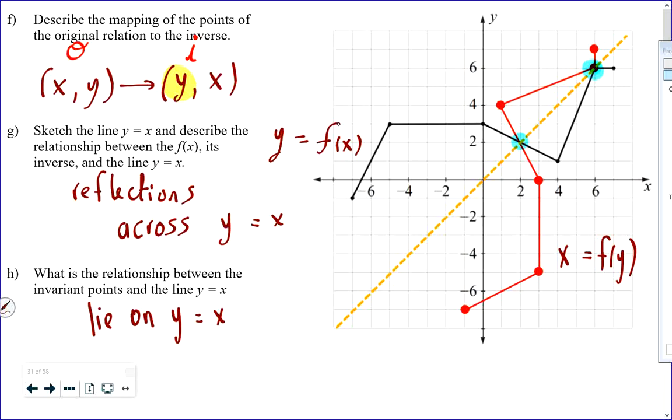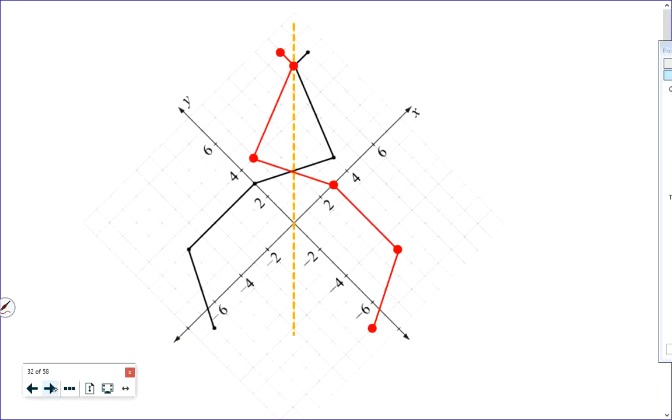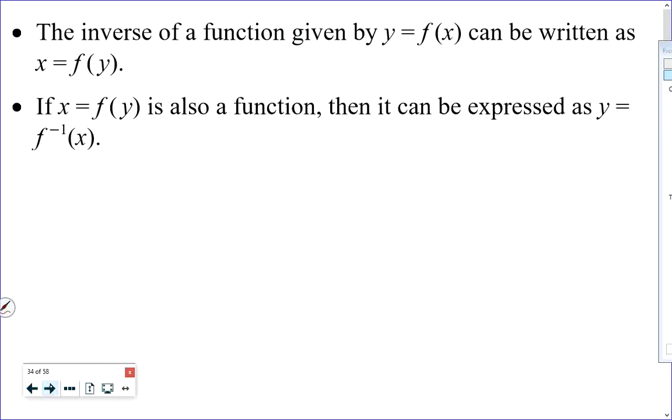Okay, so now, if x equals f of y, the inverse, is a function, then we can write, I don't like how this y is over here, let me rewrite it. Then you can write y equals this. And this is not an exponent. If you look at your calculator and you look at the sine button, when you go second sine, what does it say?